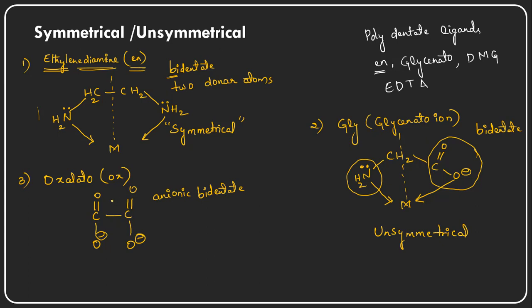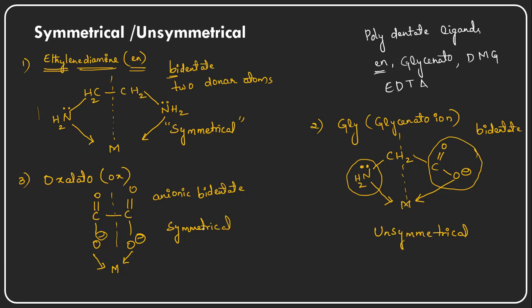If you break down this molecule into two, this part is a mirror image of this part. These two oxygens can donate the pair of electrons in terms of negative charges to the central metal cation. So this is also a symmetrical bidentate ligand.